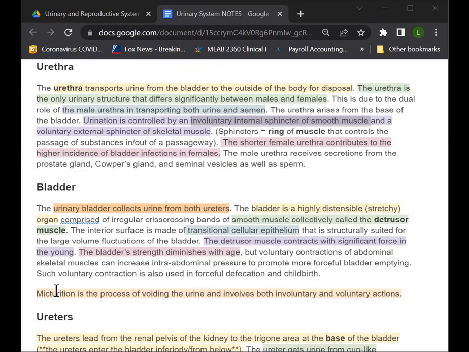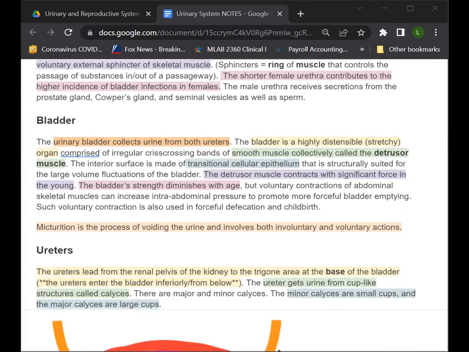All right, now let's look at the bladder. So we need to know that the bladder collects urine from both ureters. The bladder is a highly distensible, or in other words, stretchy organ. We need to know that it has a smooth muscle called the detrusor muscle, but also lining the bladder is transitional epithelia.